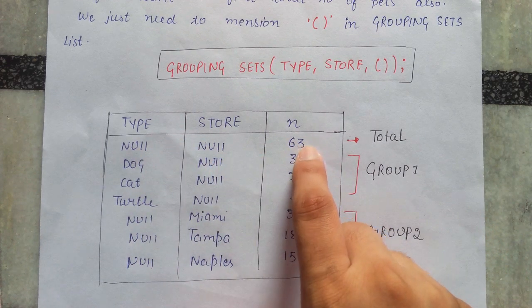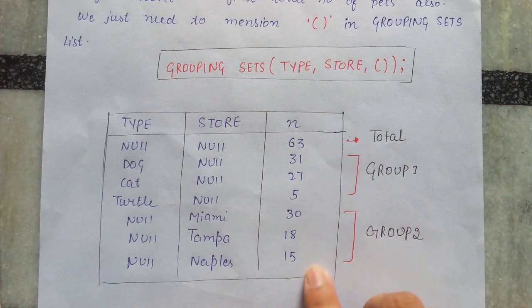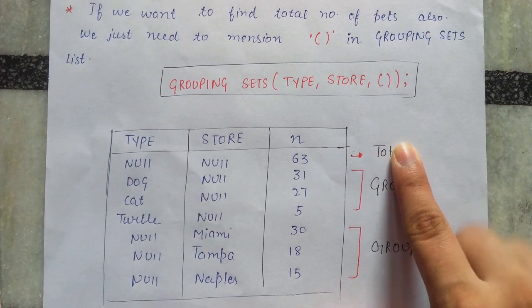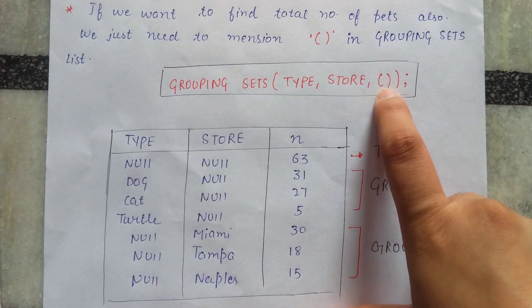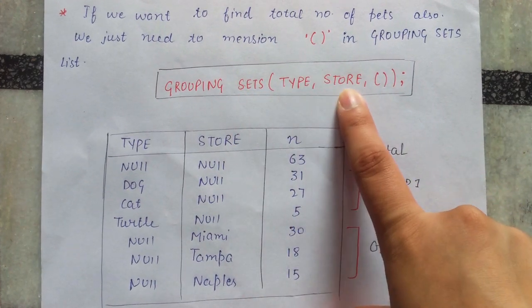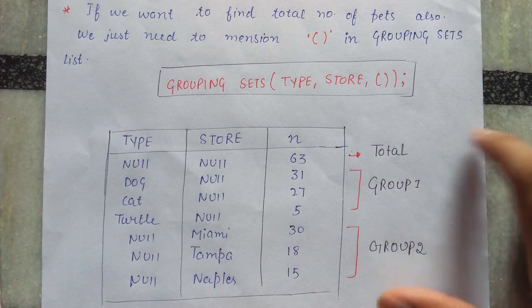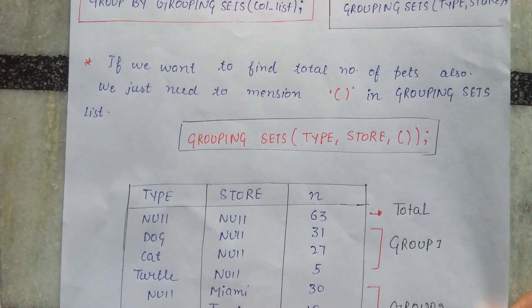So 63 is nothing but the total of all the animals present in this table. So this is one more advantage of grouping sets. If you use the empty parentheses in the grouping sets list, it will return the total along with group 1 and group 2. This is one of the advantages of grouping sets.